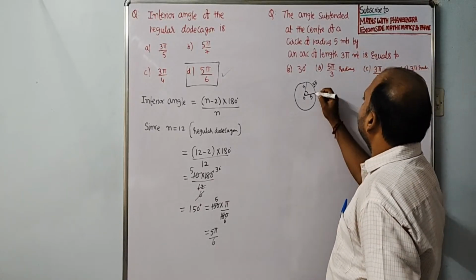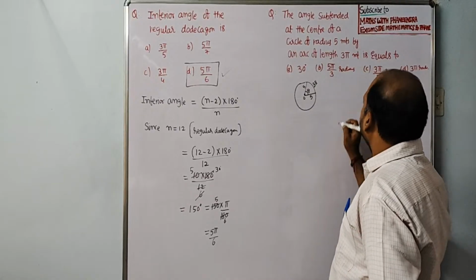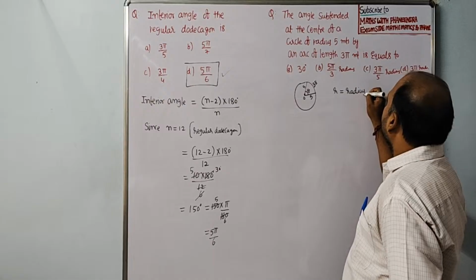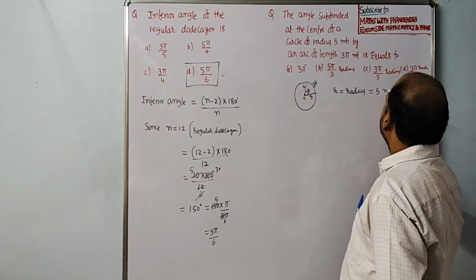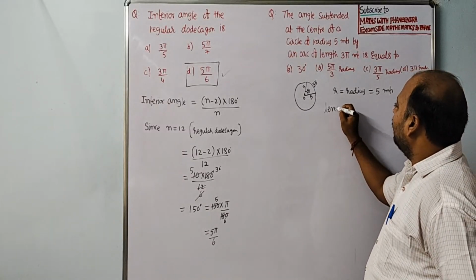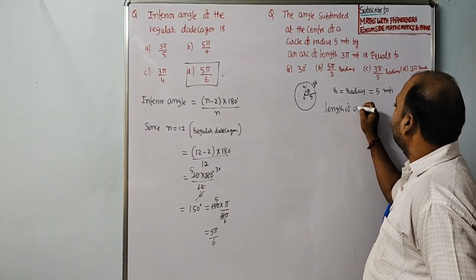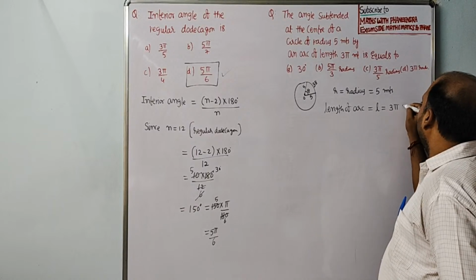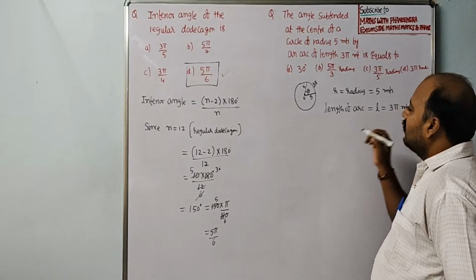So here, theta we are going to calculate. The radius is equal to 5 meters. The length of arc L is equal to 3 pi meters.